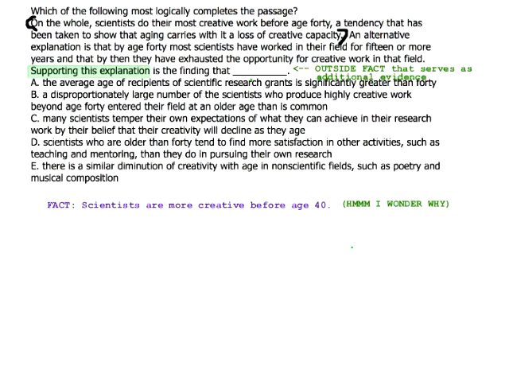So a tendency that has been taken to show, so some people think that you just get too old to be creative. All right, now where do we go when we mention other people think this, or it has been believed, lots of people think, experts have said?